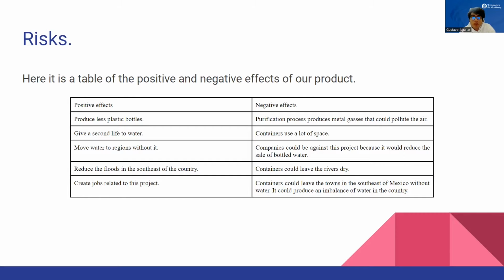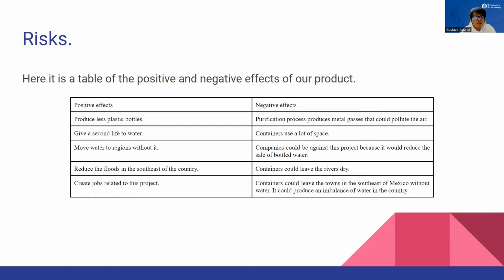Some actions to avoid the negative effects shown in the table are in relation to metal and gas pollution. While we are purifying the water, all metals that came with it are going to be separated, and this could be used for the chemical industry.